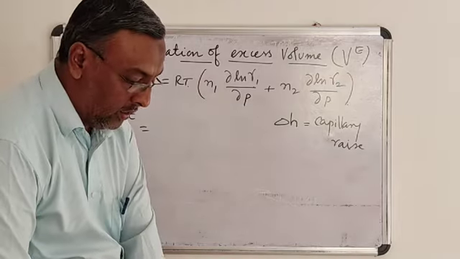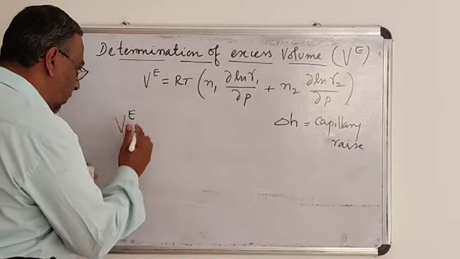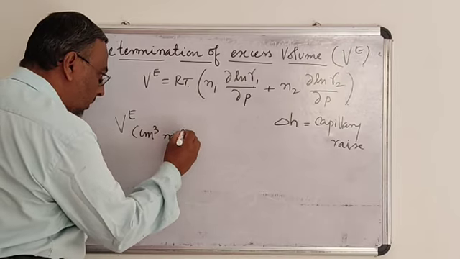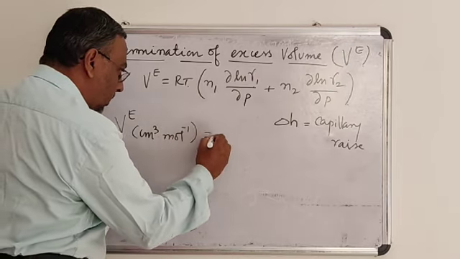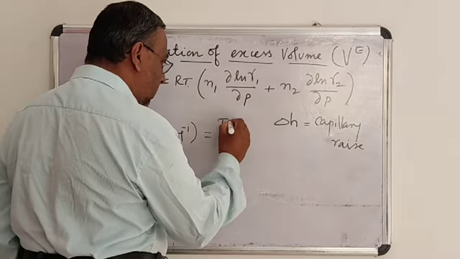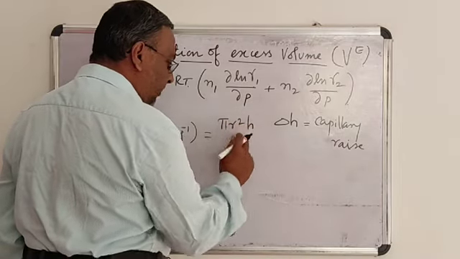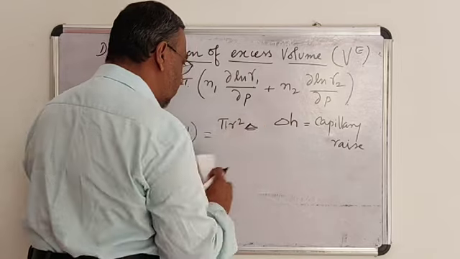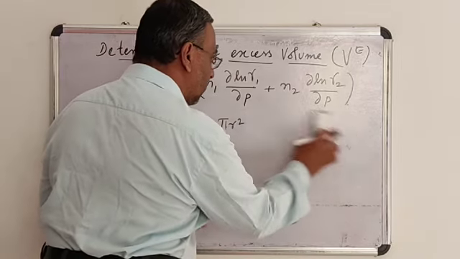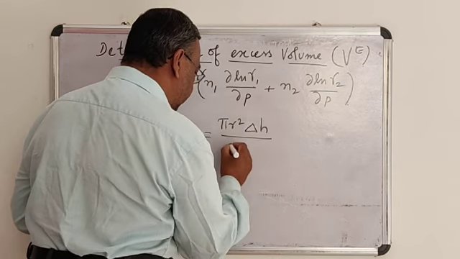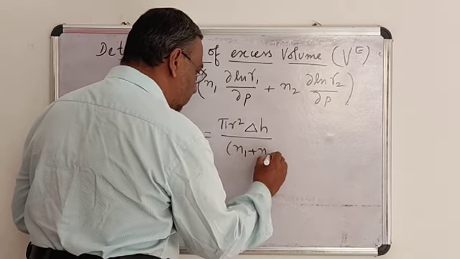Excess volume in centimeter cube per mole will be equal to pi r square delta H divided by N1 plus N2.